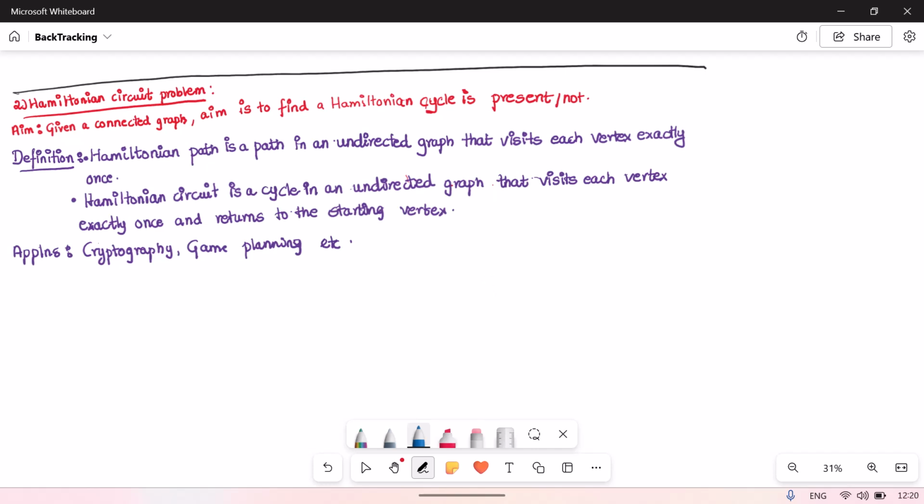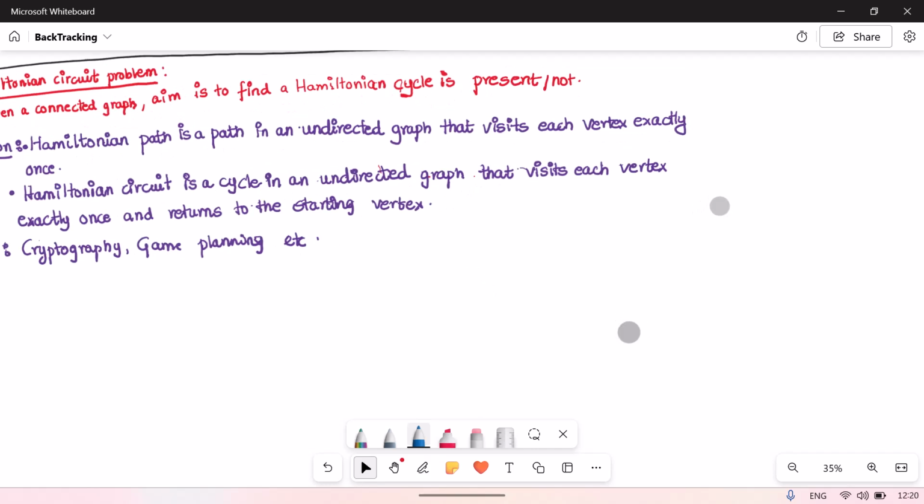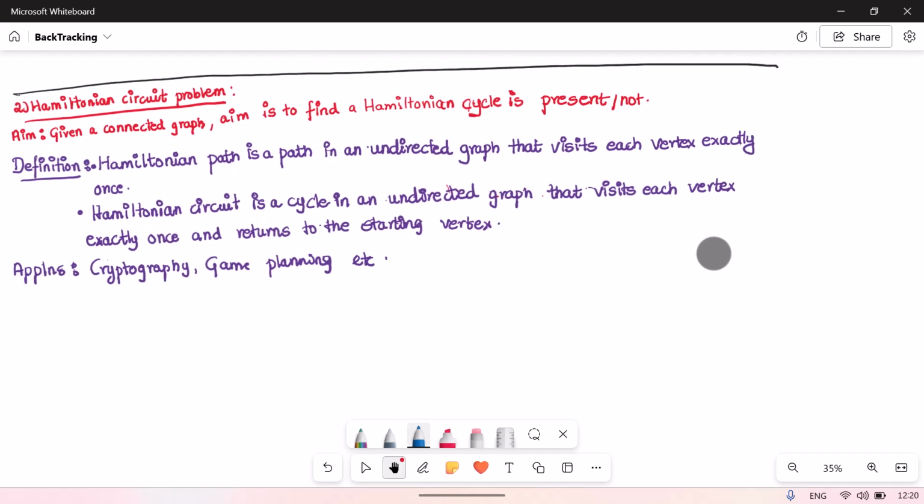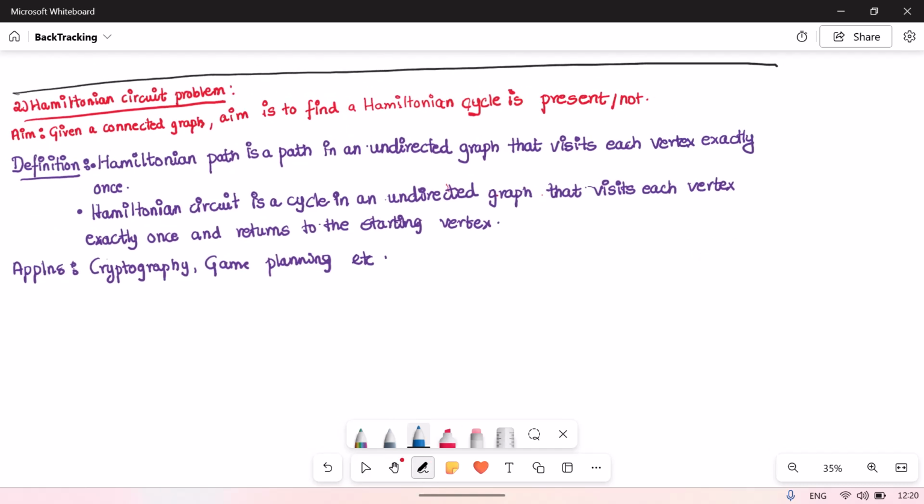So what is the aim? Kindly read this one once. Let us read together. Hamiltonian circuit problem. Given a connected graph, the aim is to find whether a Hamiltonian cycle is present or not. Let us see what is a cycle.